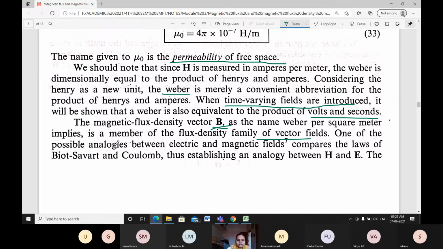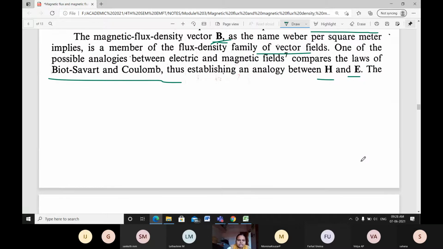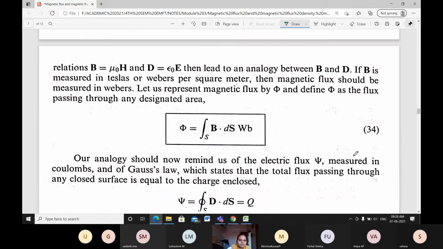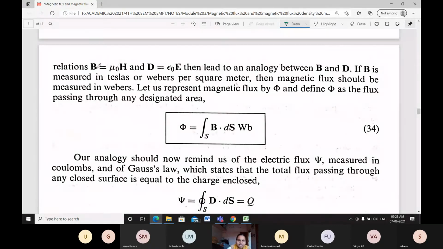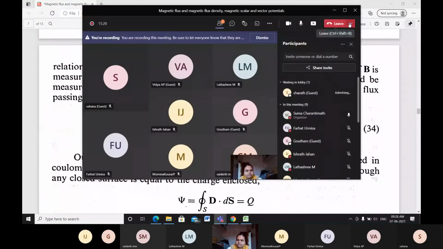One of the possible analogies between electric and magnetic fields compares the law of Biot-Savart with Coulomb's law, and the analog between H and E, that is magnetic field intensity and electric field intensity. The relationship is B equals mu naught H and D equals epsilon naught E.